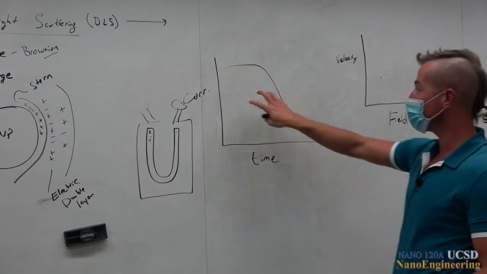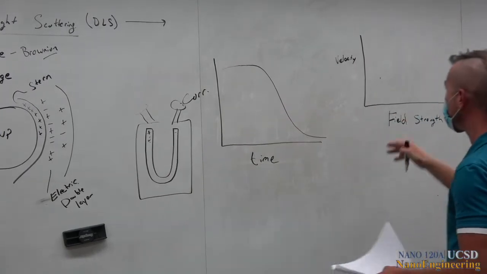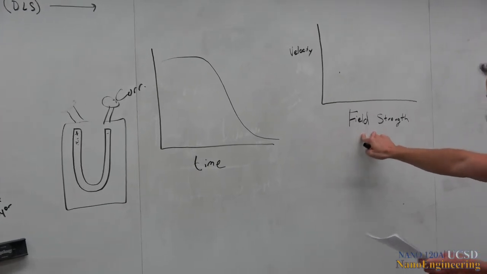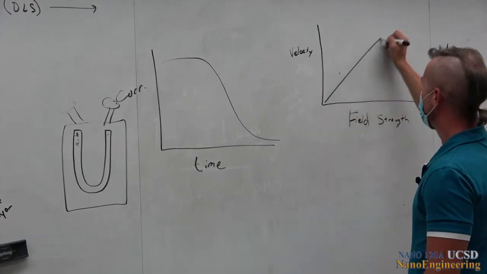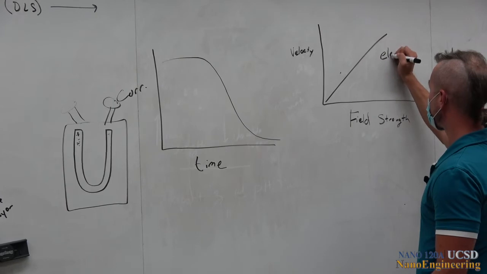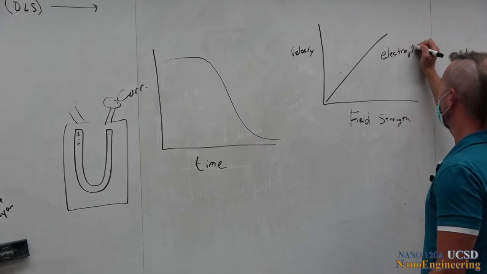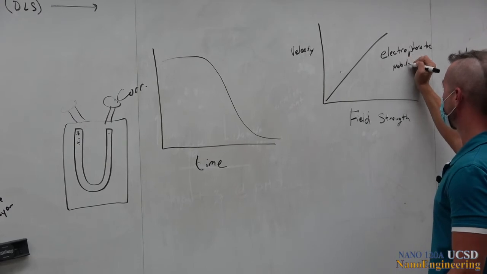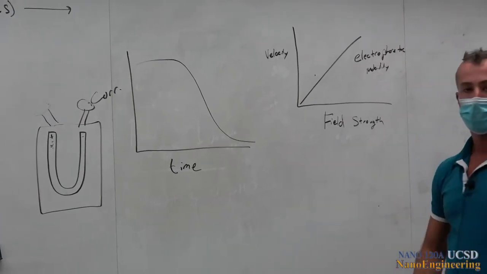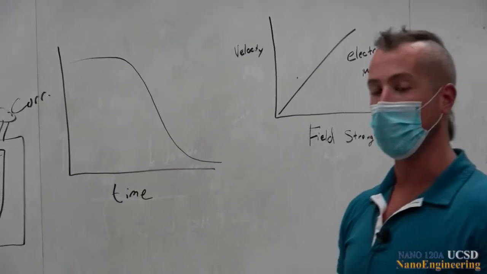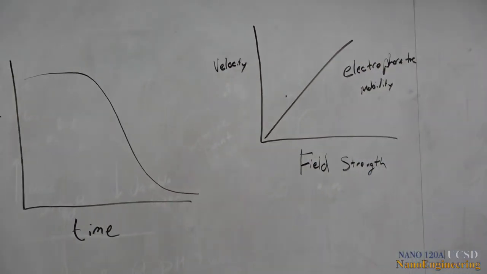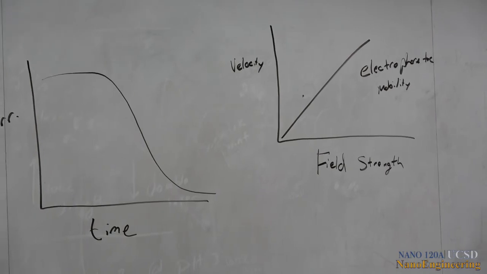And we're going to use this correlation spectroscopy to monitor that velocity, and we're going to artificially perturb the field. And the slope of this line is what's known as electrophoretic mobility. Right? So how mobile are these species in this field? Okay?